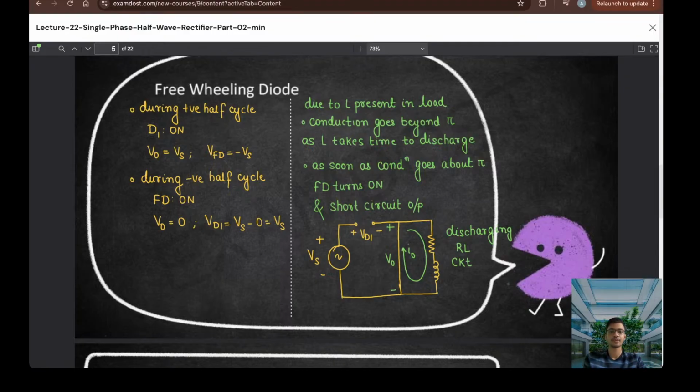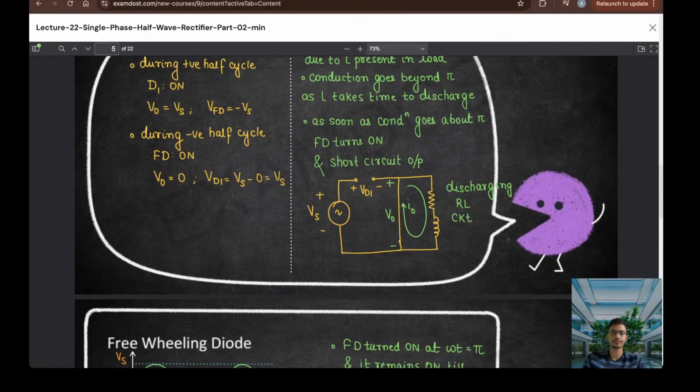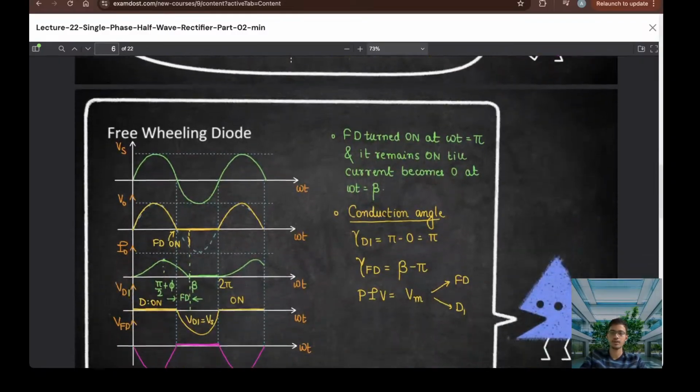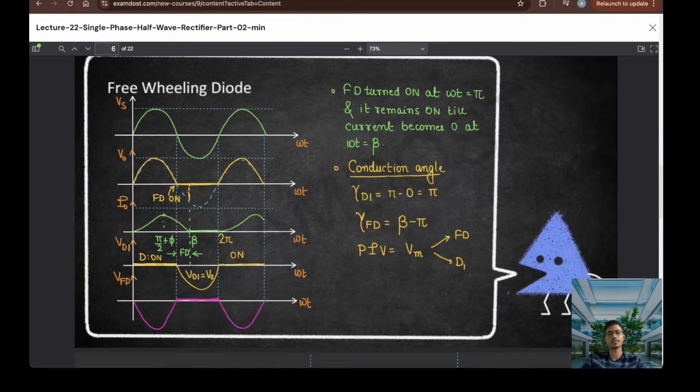So the waveform that comes is similar to that of the R load, like this. After pi it becomes 0, because the freewheeling diode is on, so that VO becomes 0. And due to the inductor, the extinction is at beta, after pi.